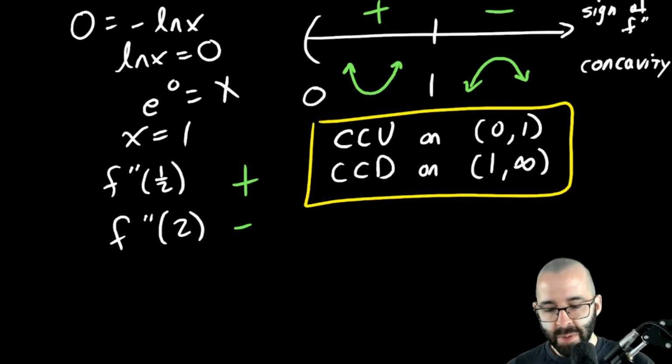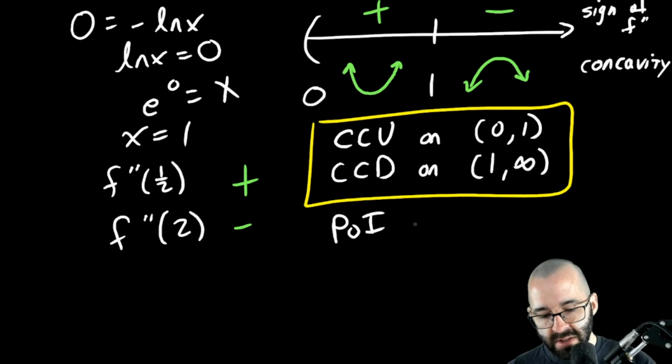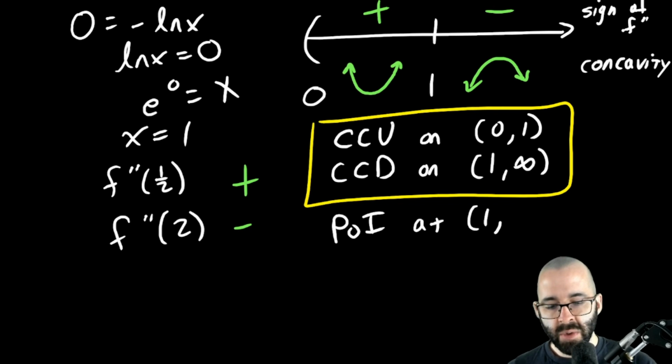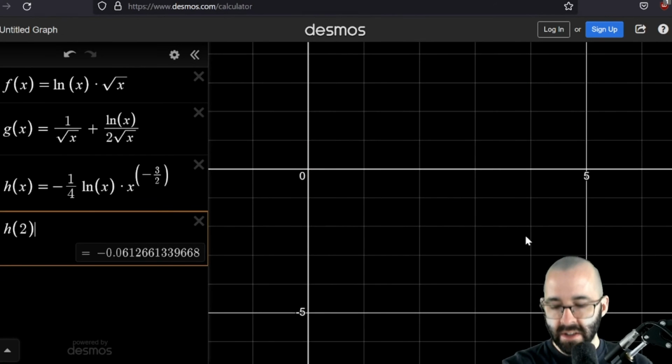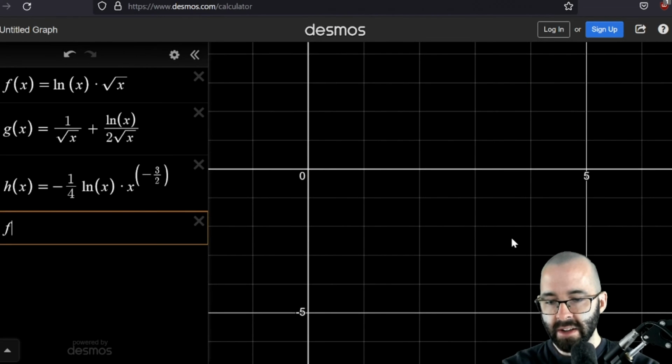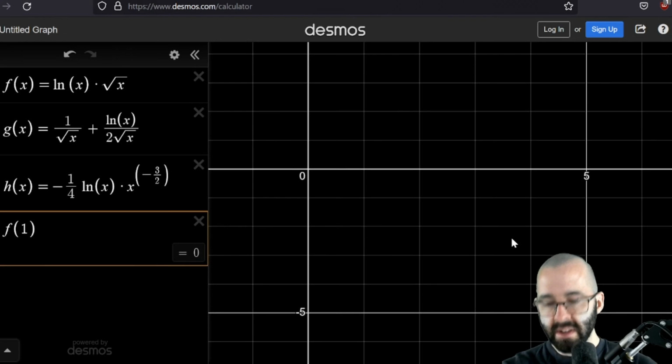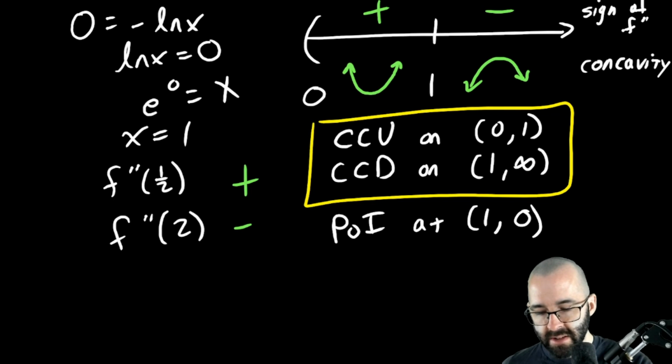And that also answers part D as well. We have a point of inflection where it changes when x is equal to 1. What's the y value? Y value is going to be 0 here. Right? If you plug in f of 1, it is indeed 0.